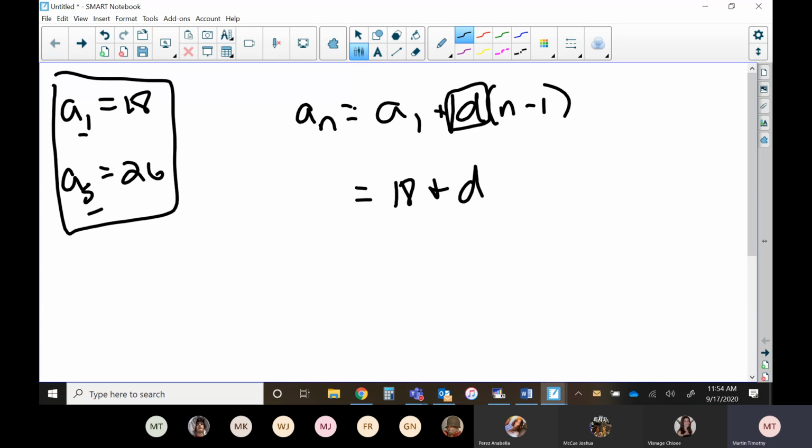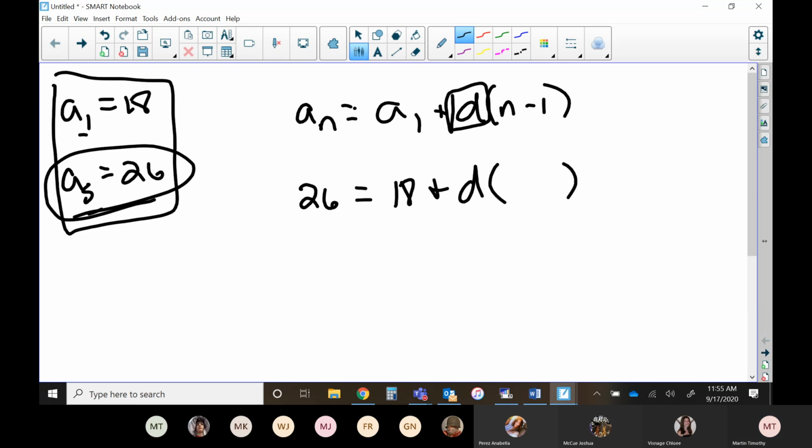Plus, what's some other information I know? A5 is what? So couldn't I put a 26 here? And then what would my n minus 1 be? It wouldn't be 26, because 26 is the term's value. Remember, n is talking about what term number it is. It's the 5th term, so I put a 5 in there for my n minus 1.